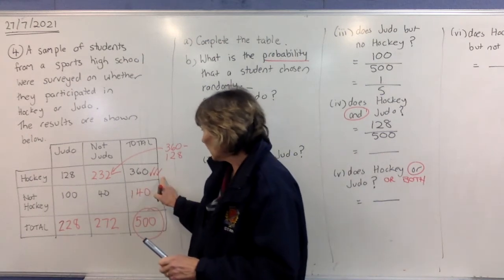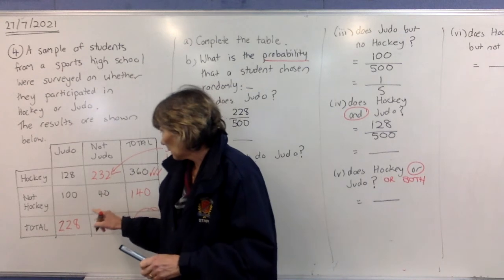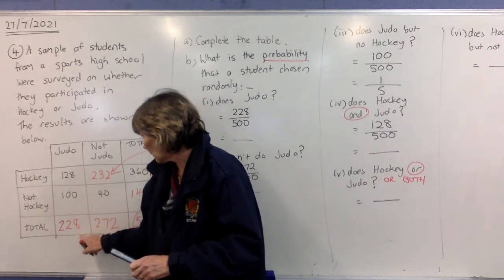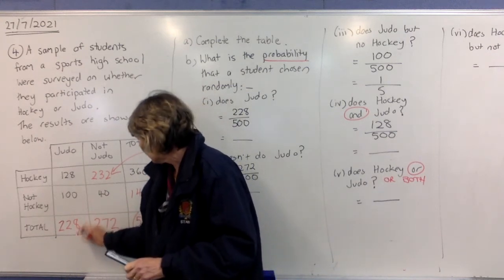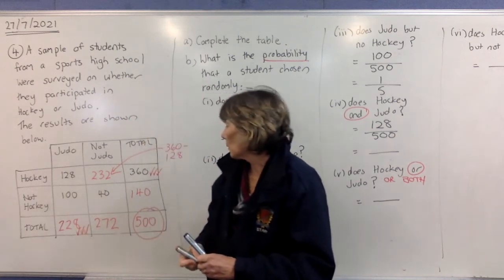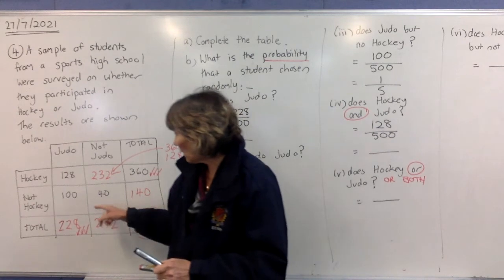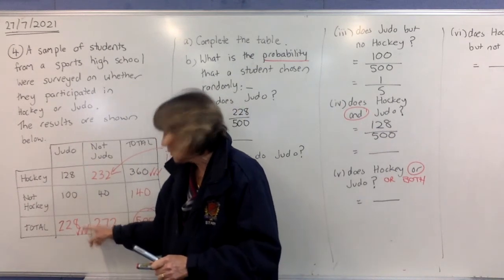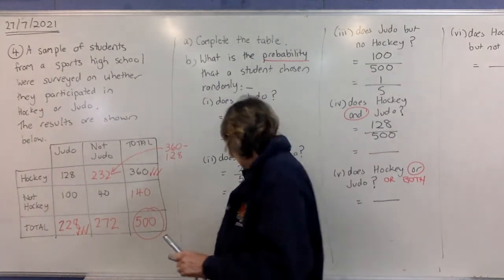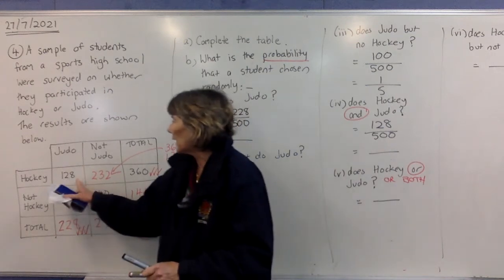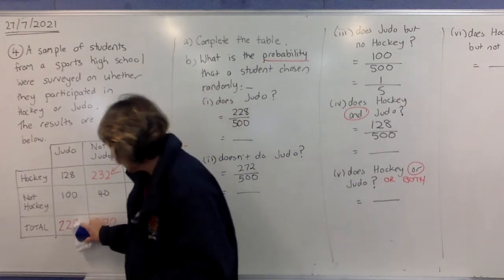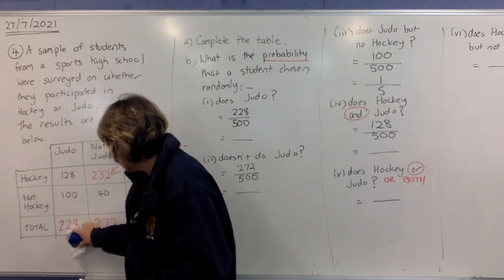Here's the total of the hockeys, and here's the total of the judos. We want all the hockey people, and we want all the judo people, or both. We've just got to be a bit careful doing it this way though, because we don't want to count those people twice.